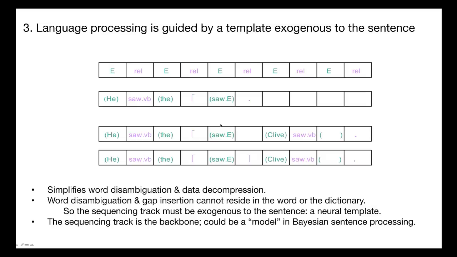You can keep on going. "He saw the saw, Clive saw." Well, Clive, so you're here. But Clive is a proper noun, so it's got to go here. Well, so now you've got an empty space. So now that's telling you that, okay, time to do some data decompression. And we've got a table, which is not all that complicated, where you look up in the table what to insert here, given that you've got an entity here and an entity here.